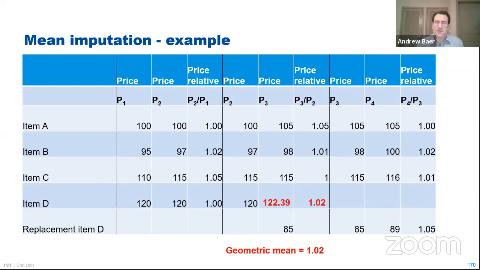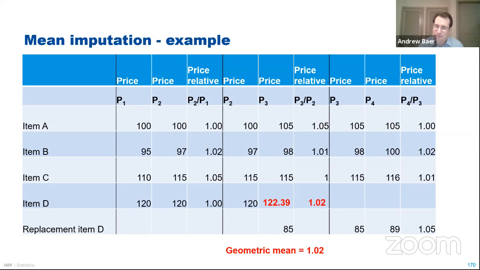So basically what this does, I apologize again for being a little unclear, but here we have a period where a new item comes into the market and we do not have an overlap period. So in this period, what we're going to do with this method is we're going to estimate that its price has changed based on the average of all the other items that existed in the index.